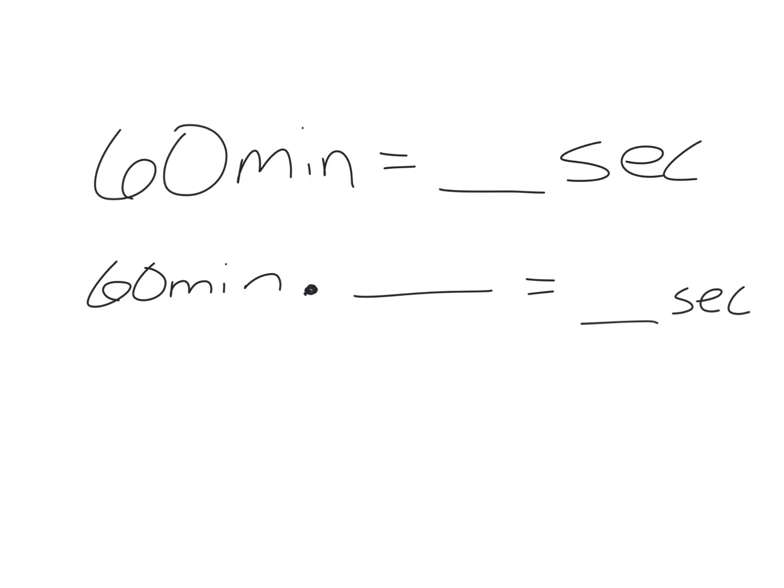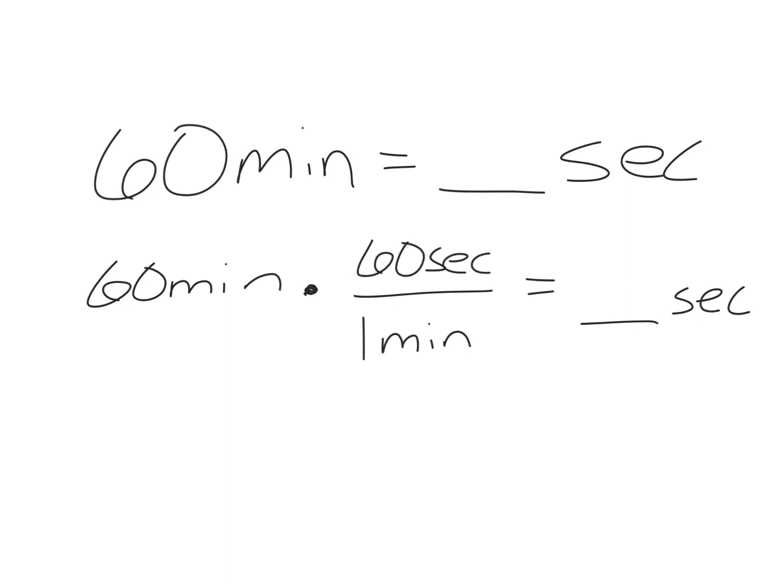What's the relationship on your conversion chart from minutes to seconds? 60 seconds for 1 minute. Where does the minute label go? On the top or on the bottom? We want to put it on the bottom. So we have 1 minute, and how many seconds is in 1 minute? 60.